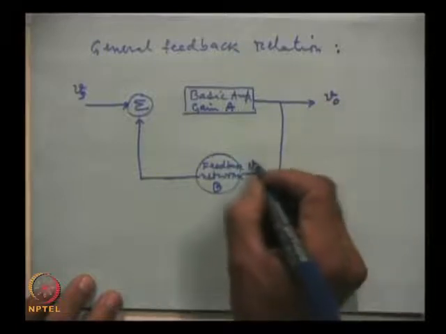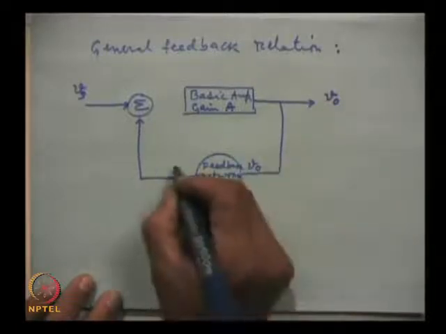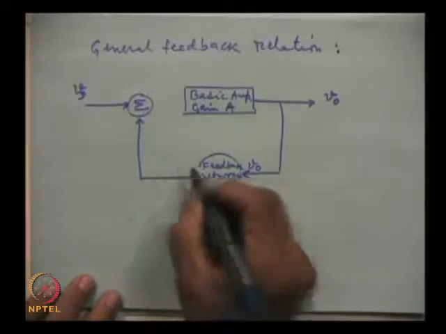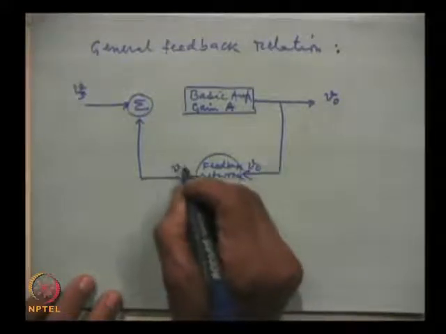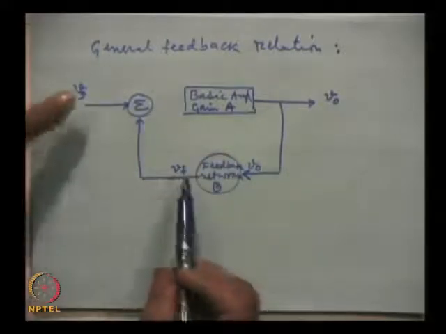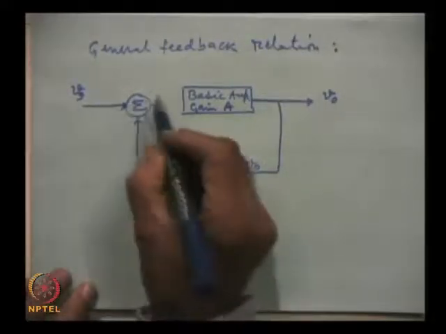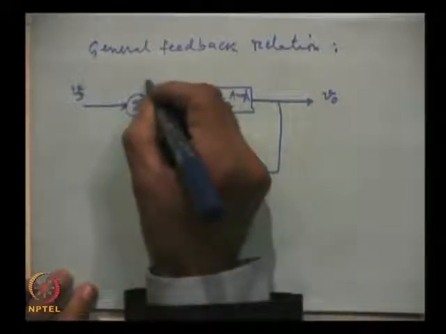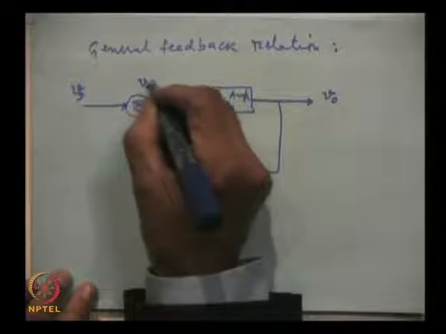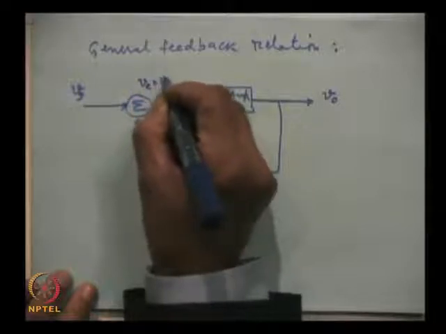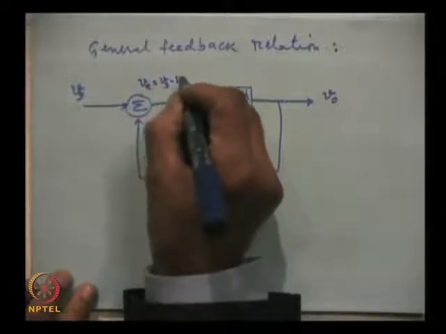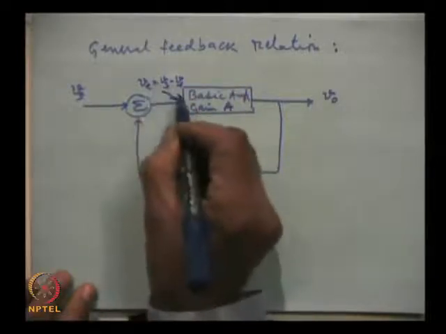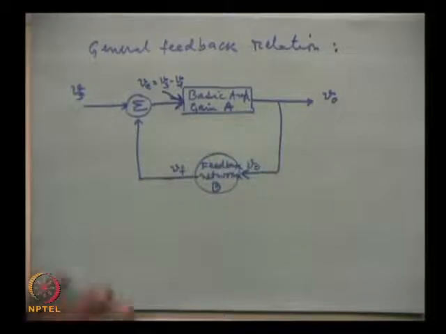So obviously this V0 goes in here, and it comes out as Vf, and these two are mixed here, and then this goes here, and this is known as VE, which is equal to Vs minus Vf. This is the net signal at the input.